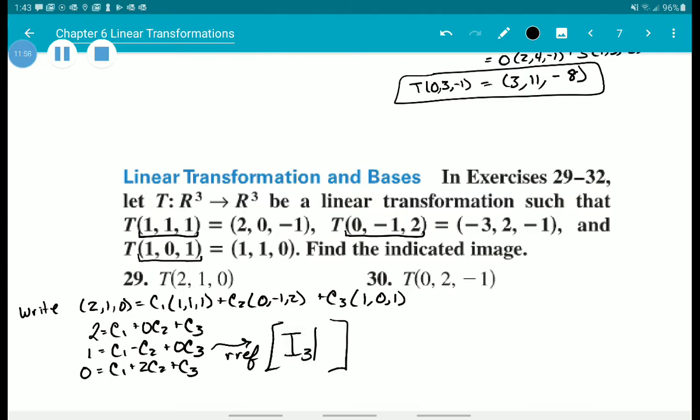So this is a 3 by 4. I got 0, negative 1, and 2.